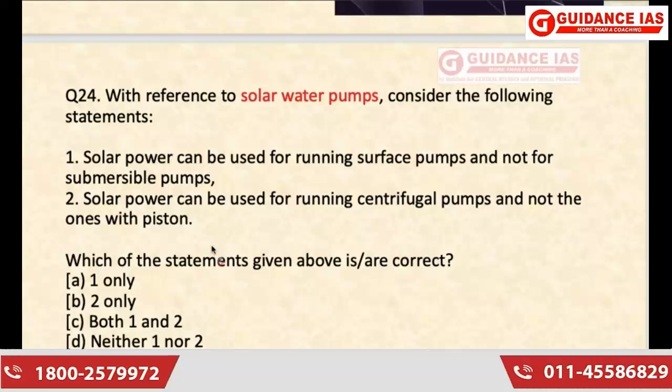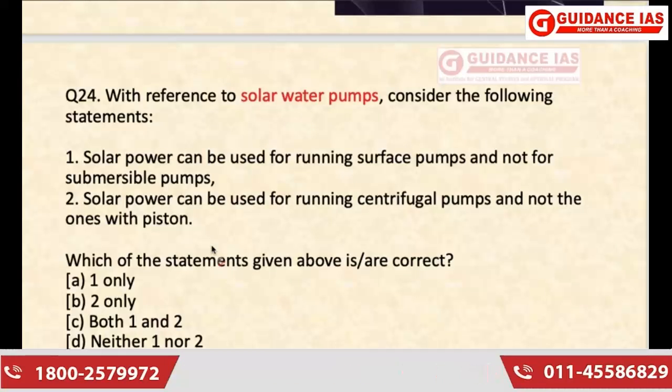But if we talk about statement 1, it says solar power can be used for running surface pumps and not for the submersible pump. It is an incorrect statement. Some solar submersible pumps use a centrifugal mechanism like a surface pump, while others use a positive displacement mechanism. So it can be used for submersible pumps too, making the first statement incorrect.